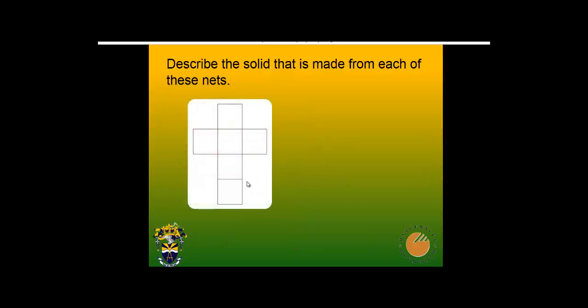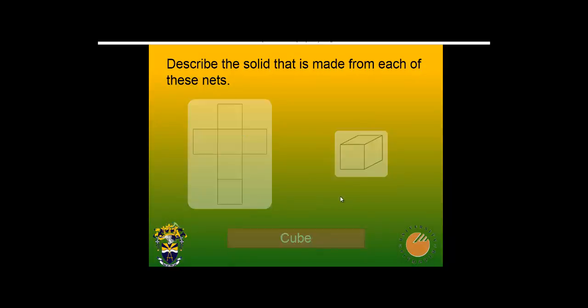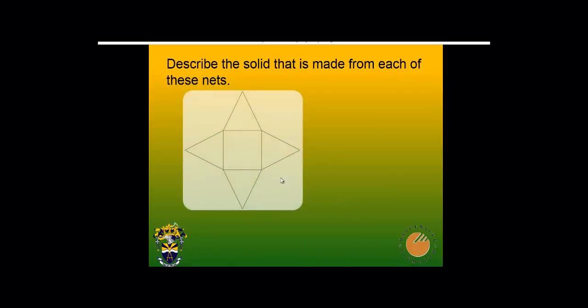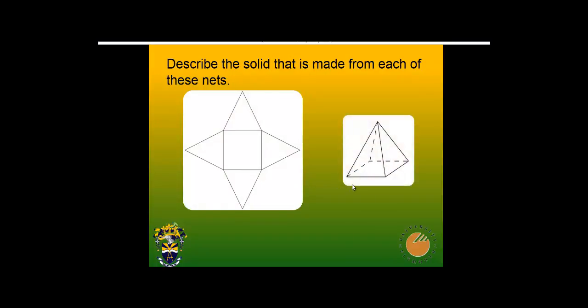Now consider this one. What do you think is made by folding this one up? If we fold this one up, we get a cube. What about this one? Folding this up would give us a square-based pyramid.